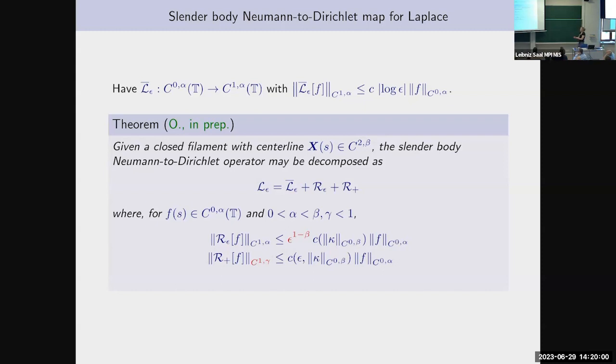But then what we can show for more complicated geometries is that this operator taking the force density to the filament velocity can be decomposed into the straight operator plus two remainders. One remainder, which is smaller in epsilon, and another remainder, which is smoother, right? This is the strategy for how we will approach the dynamic problem.